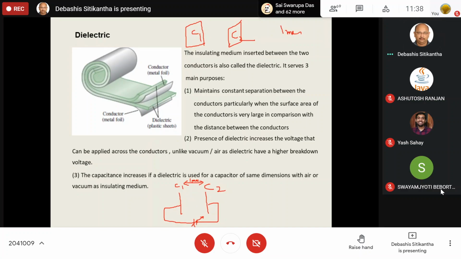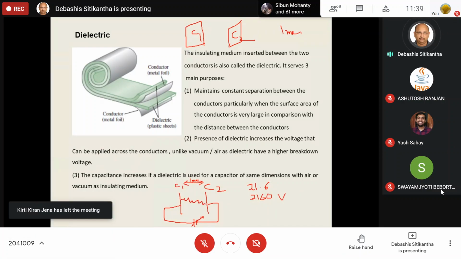Now if I keep on increasing the voltage, then you will see that at something around 2.16 kV, or rather I will say 2160 volt, this dielectric medium, the air between these two, is going to break down. Breakdown means there will be some sort of clashing or arcing like this. There will be some sparks which move from your C1 conductor to C2 conductor.